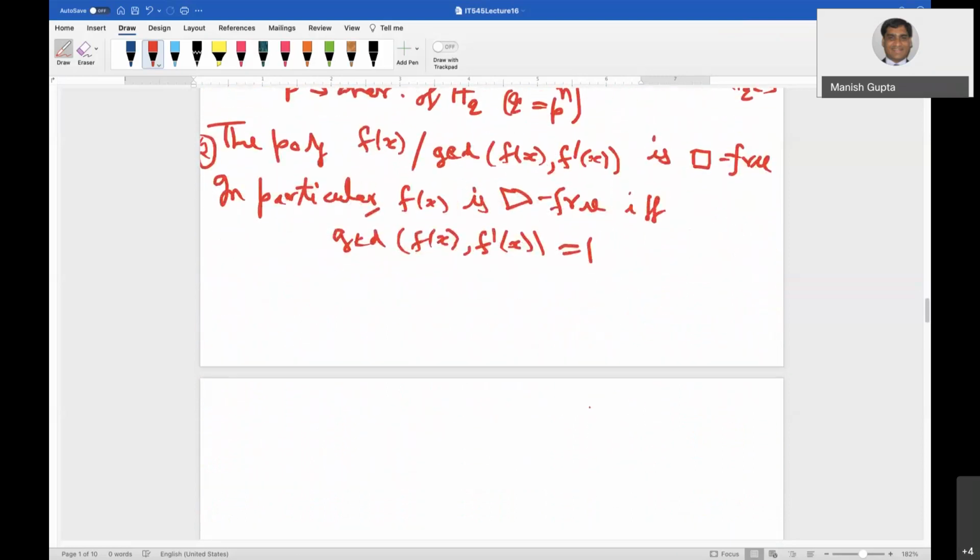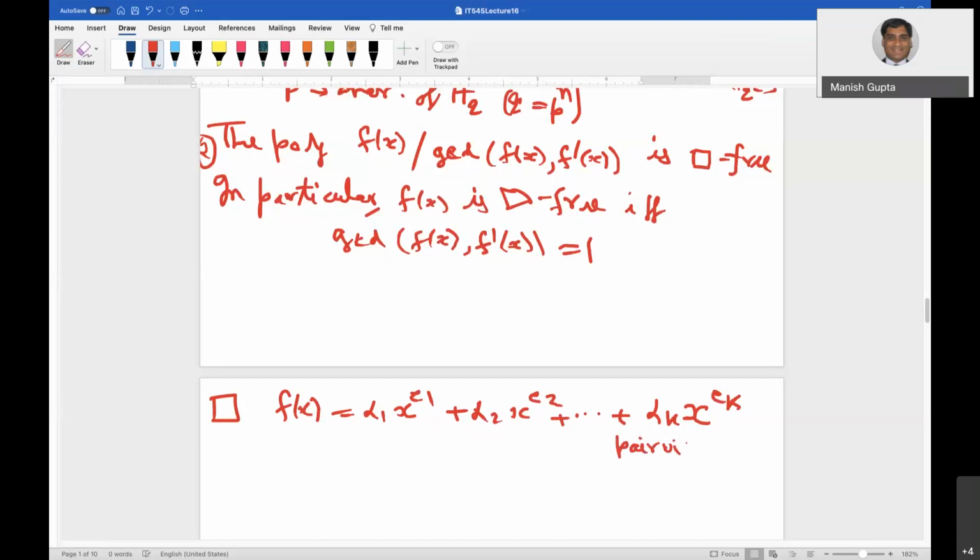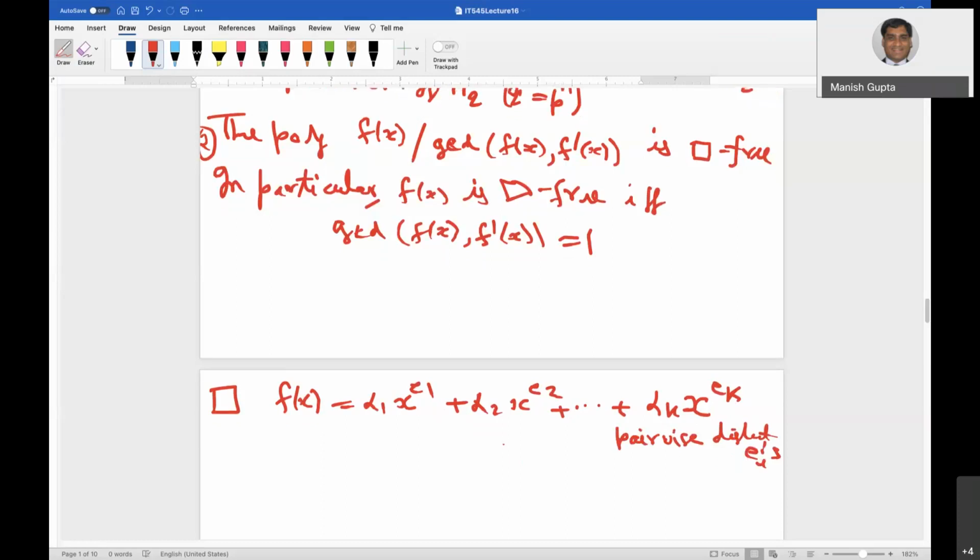So what we can do here, let us rewrite f(x) as alpha 1 x raised to power e1 plus alpha 2 times x raised to power e2 plus, suppose this is the most general form, dot dot dot plus alpha k x raised to power ek, where the exponents ei are pairwise distinct, and each alpha i is not equal to 0.